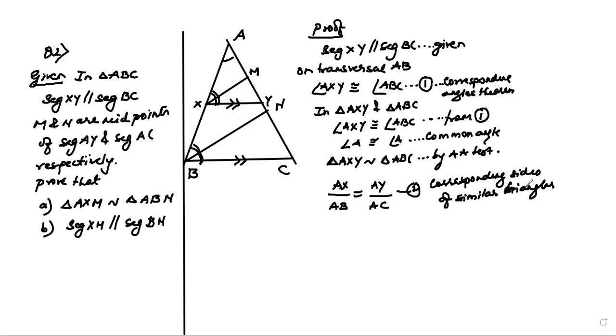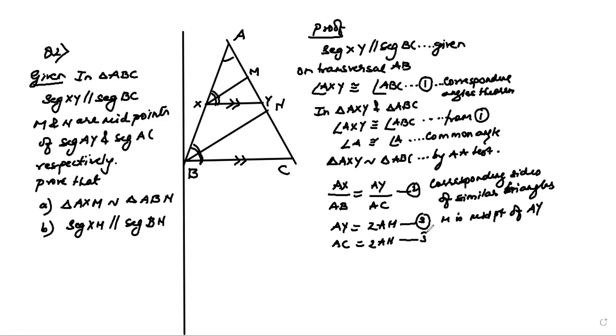And now you can just have a look. This AY is twice AM, children. The reason is very simple. Statement number 3: M is midpoint of AY. Then AC is twice AN.